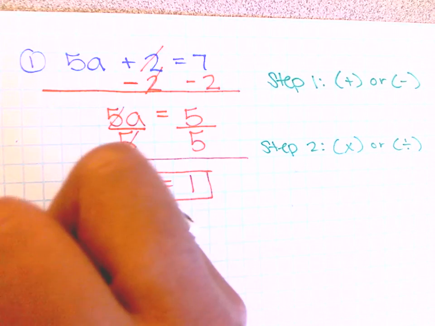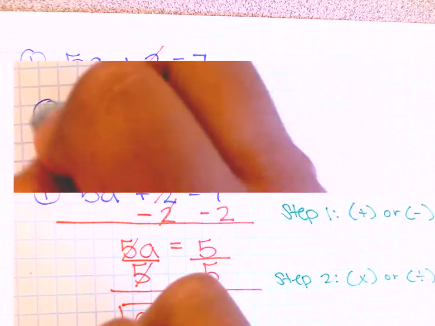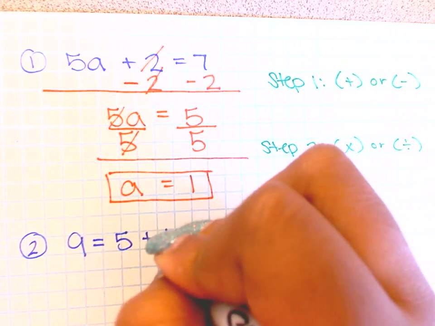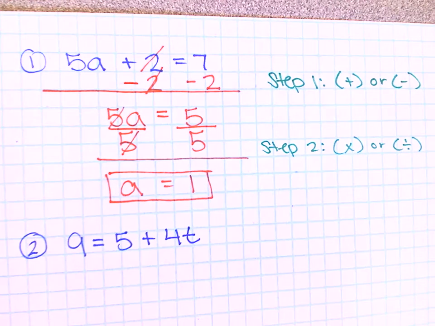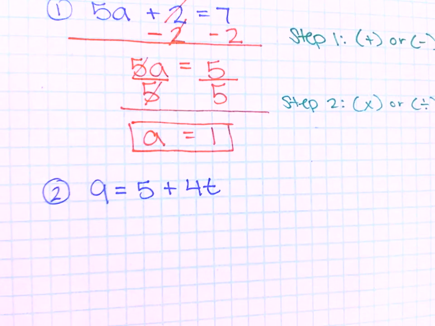Number 2. 9 equals 5 plus 4t. And again, in my head, I think, all right, I need to get the t by itself.